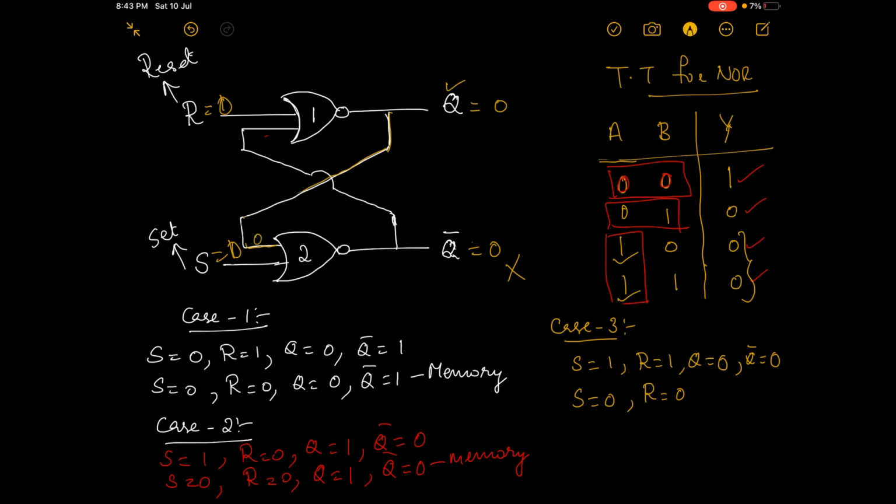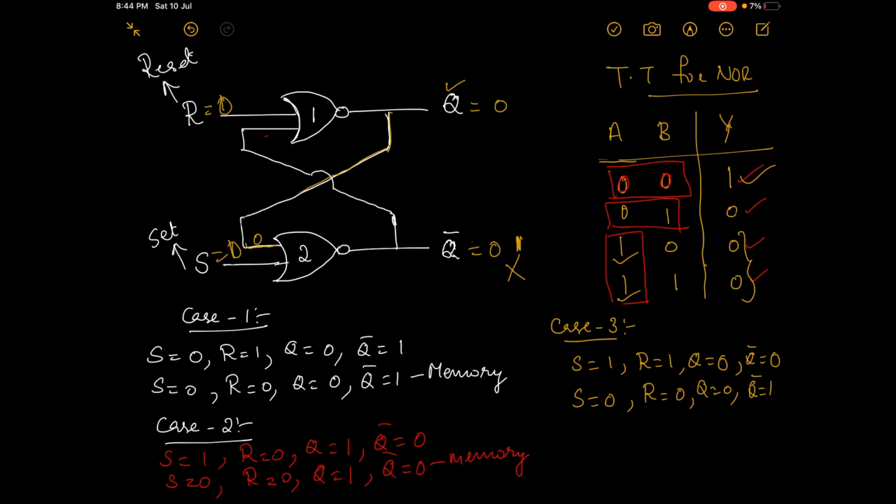When you give 0 0 as the input to this NOR gate, you will get 1 as the output, and in this case Q is equal to 0 and Q bar is equal to 1. No problem in that. You are getting the value for Q as 0 and you are getting the complement of 0, that is Q bar is equal to 1 as the other output.